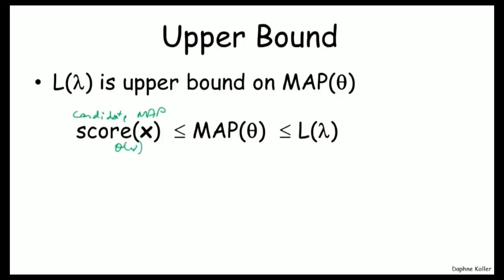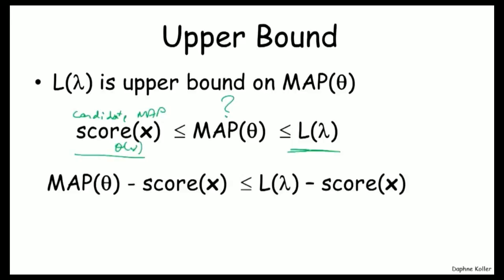Now the point is that this is a mystery. We don't know the value of the true MAP assignment, but we can compute this and we can compute that. And that gives me a bound on how bad my current assignment is, because I know that the difference between the true MAP assignment and the score of my assignment is no worse than the value of L of lambda minus the score of my assignment, which means that I can look at the difference between my assignment score and L of lambda.